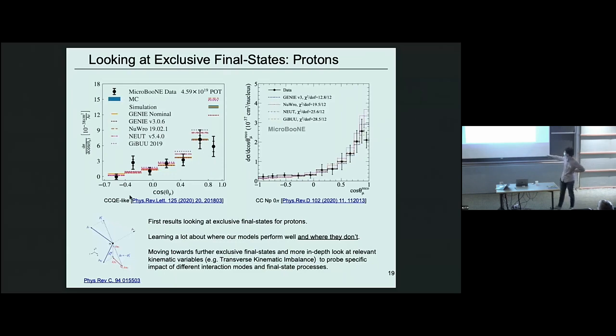Something that's very active in the community right now is looking at these transverse kinematic imbalance variables that try to hone in on information that can lead to understanding specific effects due to final state interactions, or isolating specific interaction modes in different regions of your phase space. Again, to try and understand better, where do I see disagreement? What models might be responsible for that in that phase space?